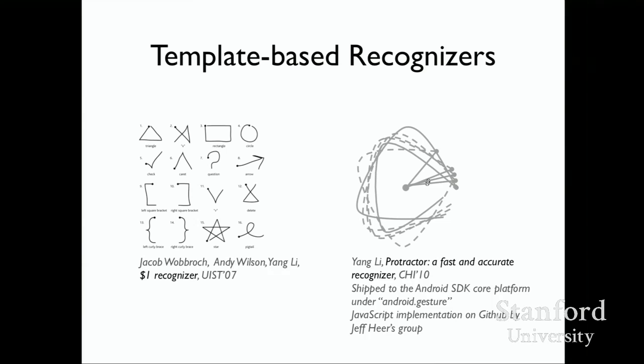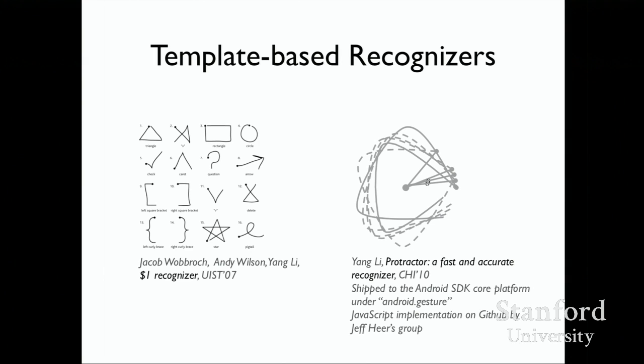Then we can compare an unknown gesture with these templates based on how similar they are, so we can find the one that matches the best. My colleagues and I developed a few algorithms for template-based recognition. Some of these have been used by a lot of researchers in the field for their simplicity.